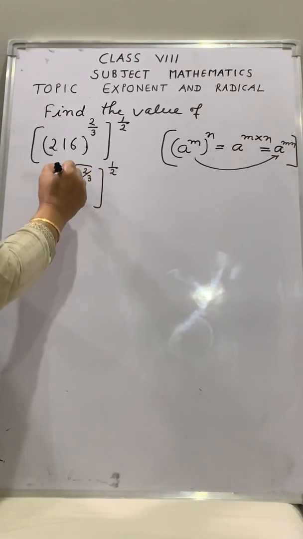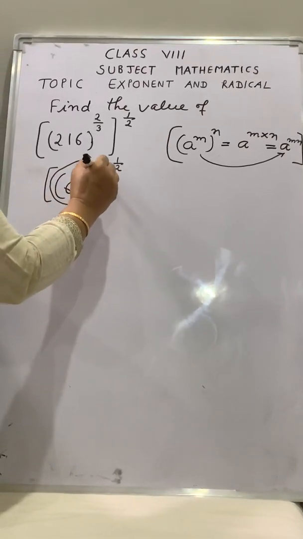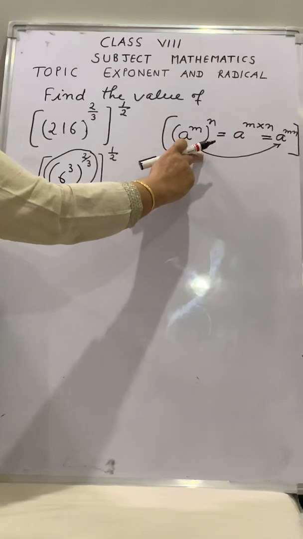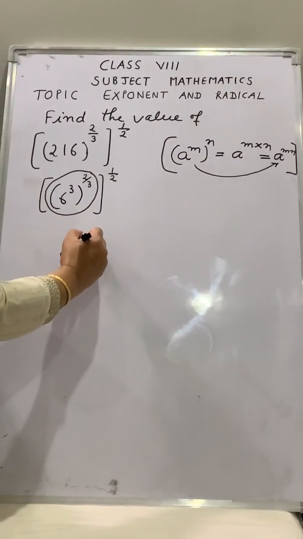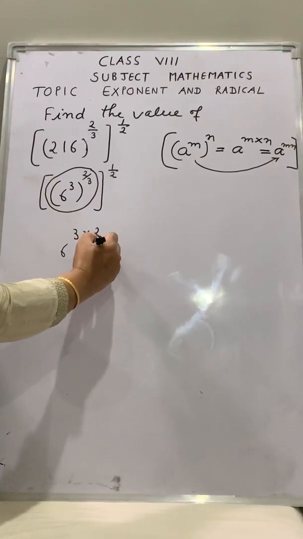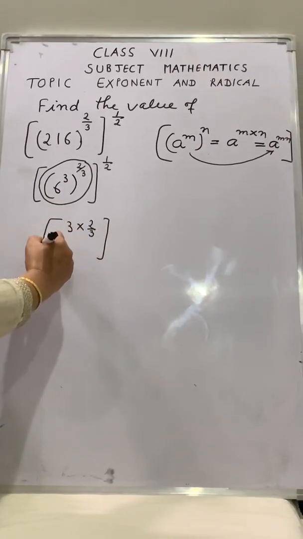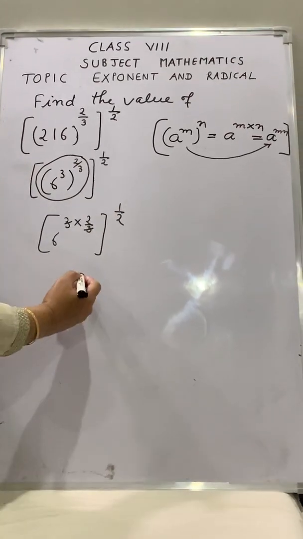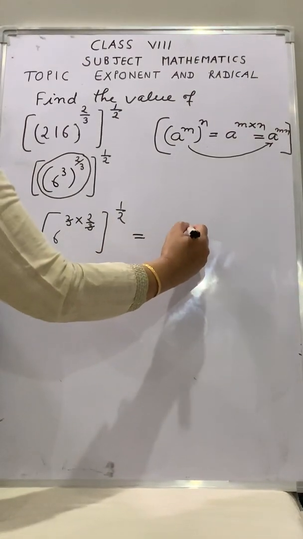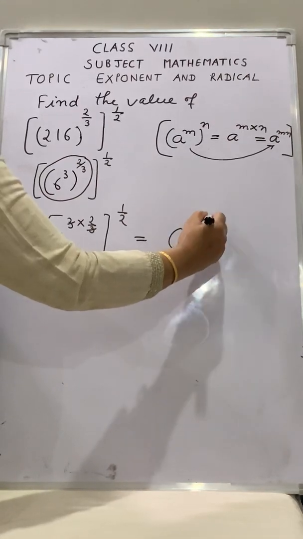Now you can solve this by using this law of exponent. 6 raised to power 3 multiplied by 2 by 3 whole power 1 by 2. 3 cancels with 3. Now it is 6 raised to power 2 whole power 1 by 2.